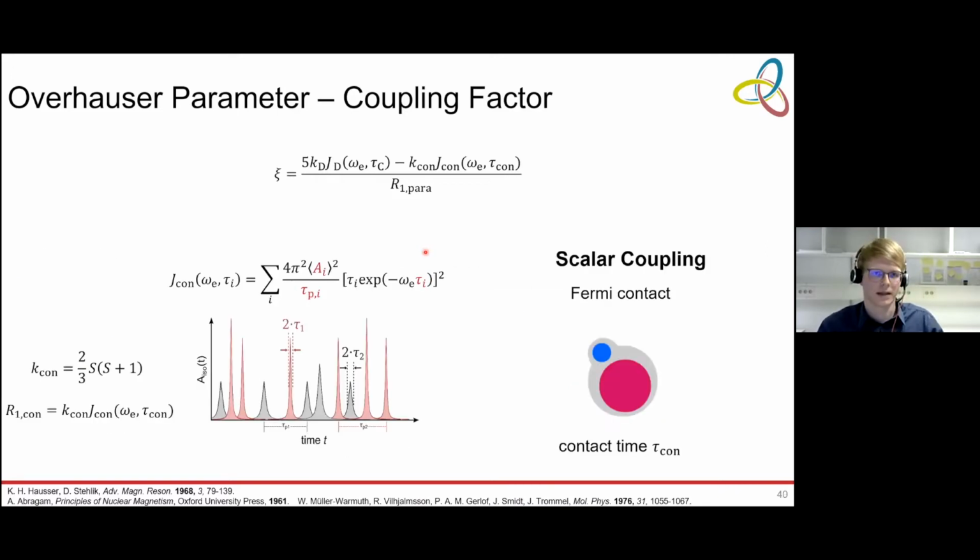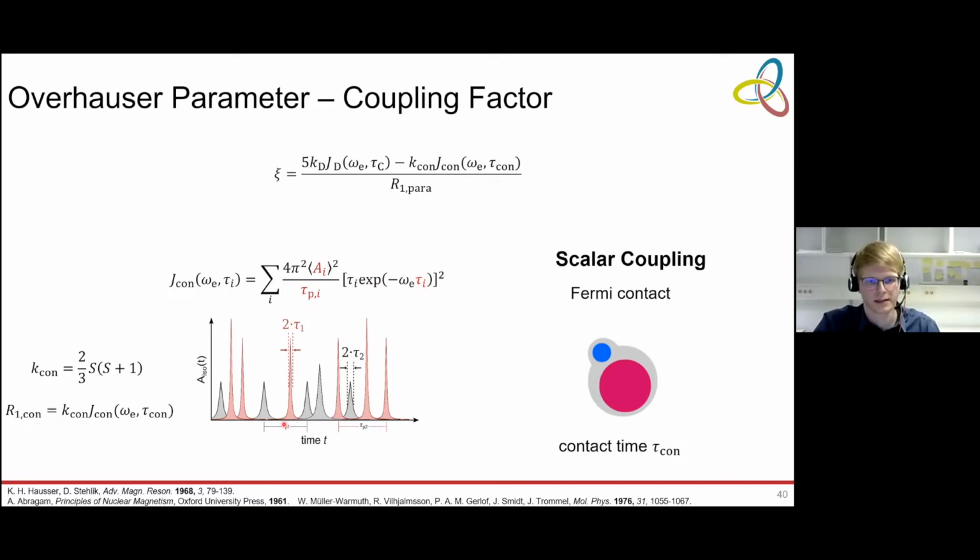Now the last interaction, the scalar coupling, can be described by this spectral density, which follows the pulse model developed by Müller-Warmuth and his co-workers. Usually we have a train of pulses that occur with a frequency tau p, have an isotropic hyperfine interaction of the size a, and a duration of 2 times tau.